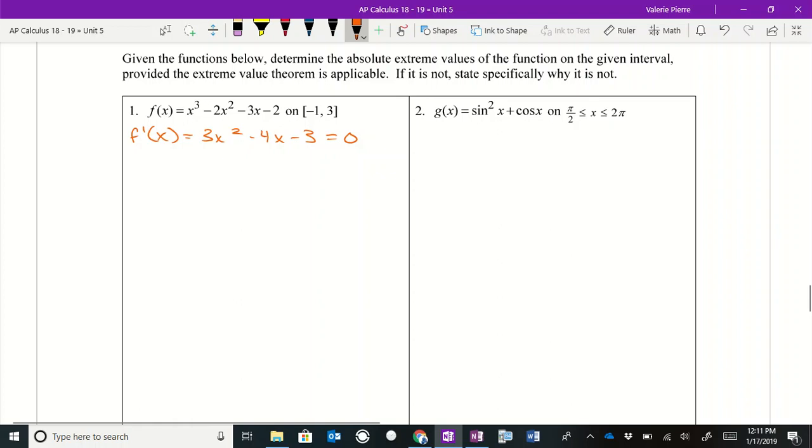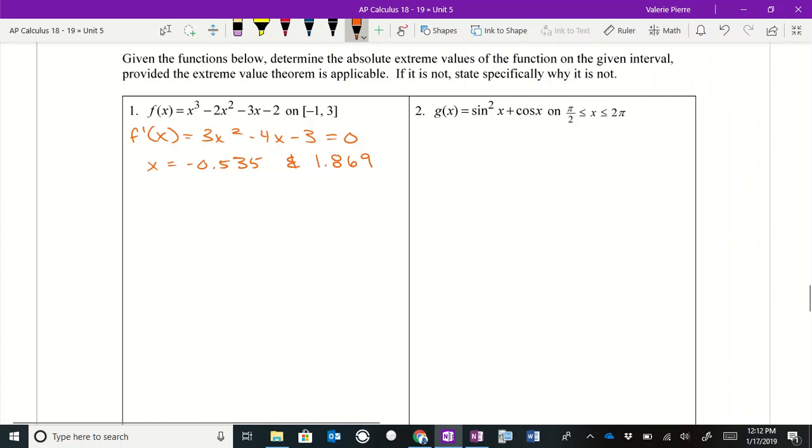So we're going to need to use the quadratic formula to figure this out, or we could just use a calculator. I'm rooting for a calculator. So x is going to be equal to negative 0.535 and 1.869.